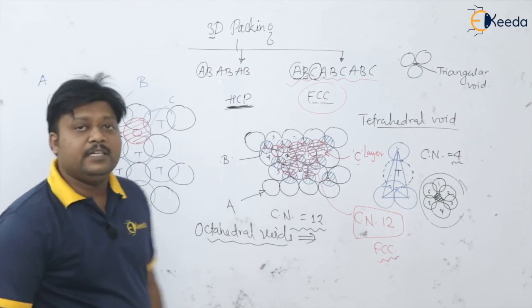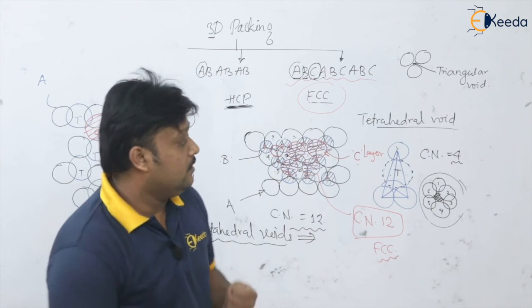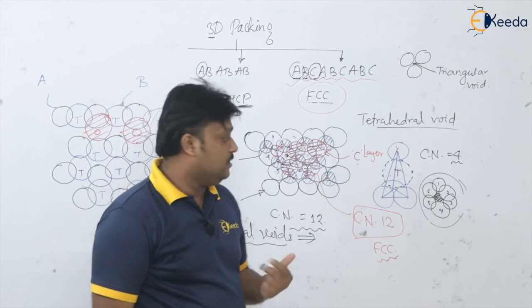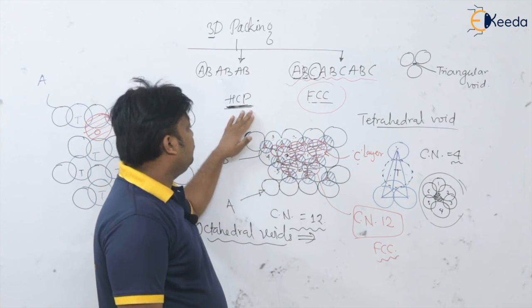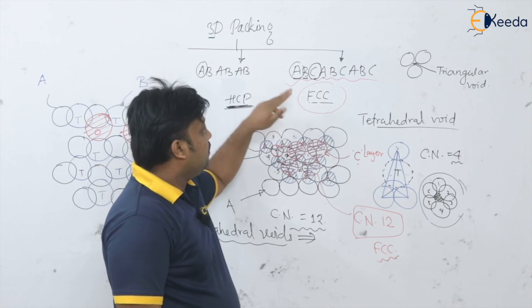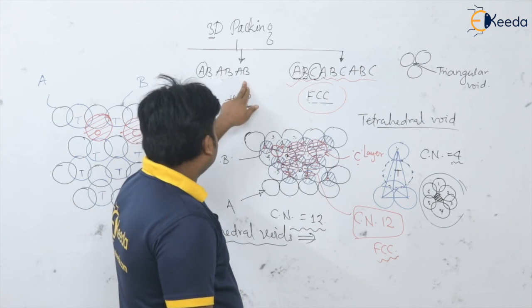In this way we are able to find the number of nearest touching atoms, the nearest neighbors. In this way we got the coordination number for HCP as 12, and for FCC it is also 12.